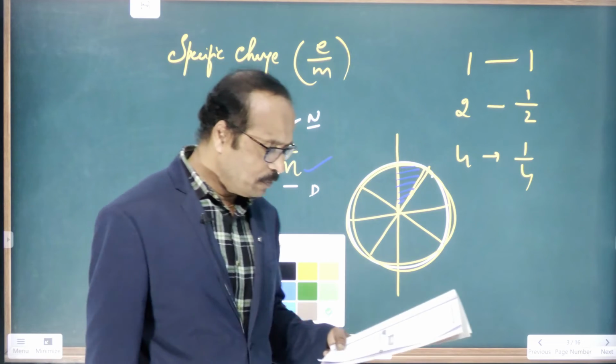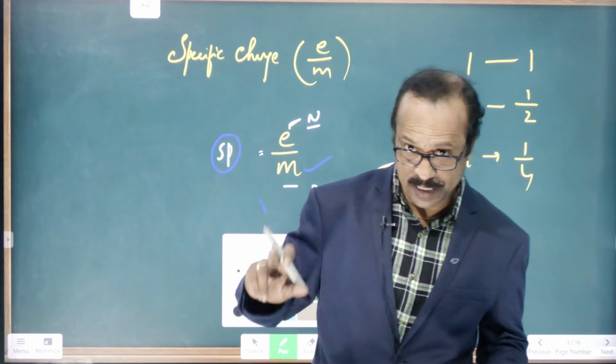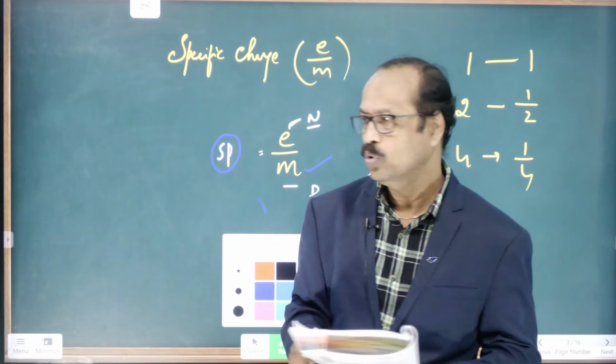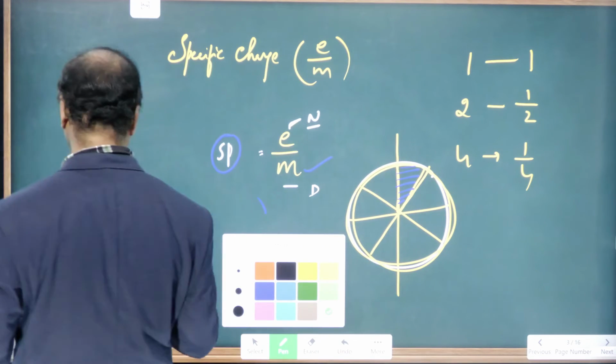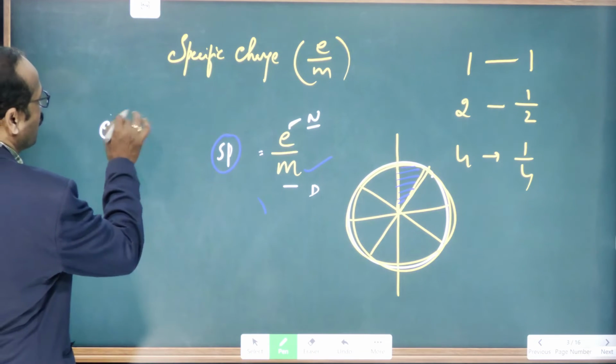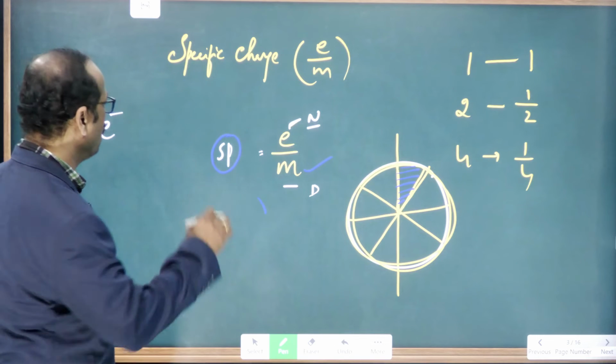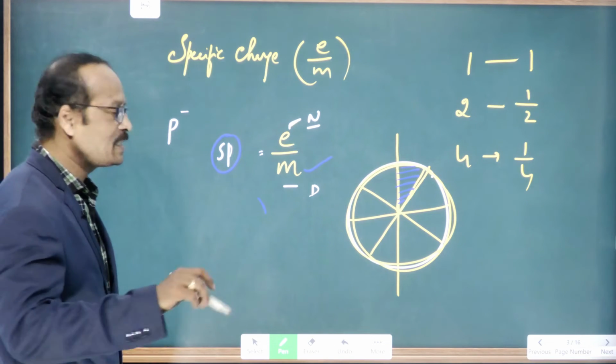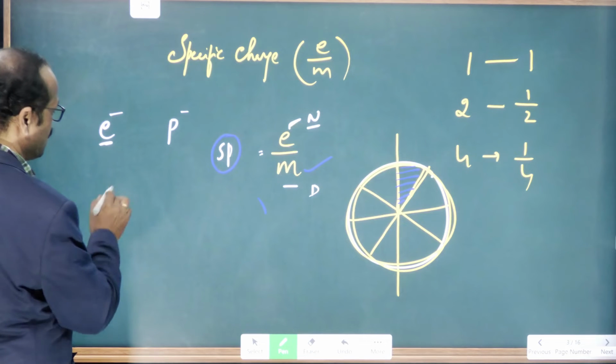Now, S1 is the specific charge of the cathode rays and S2 is that of the positive rays. Then what is true? S1 is the cathode rays. Cathode rays means electrons, and positive rays means protons. Whose mass is less? Electron mass is less.